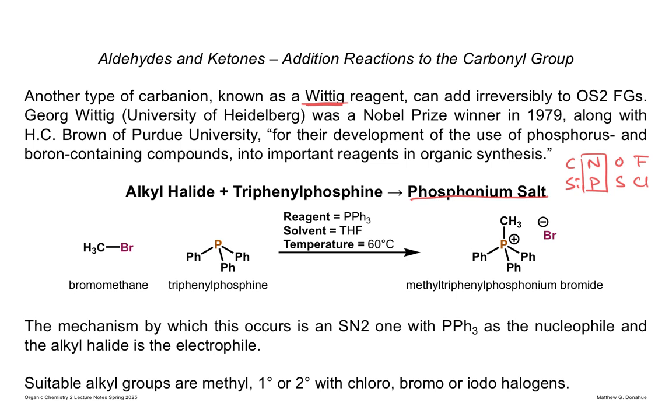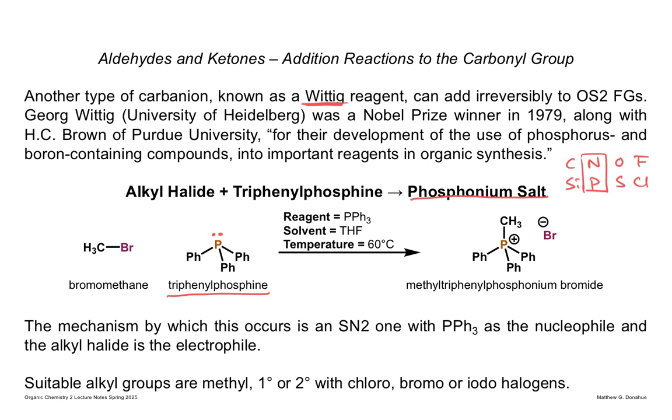So we've seen that when nitrogen has 4 substituents, it becomes positively charged, and it's called ammonium salt. So when phosphorus has 4 things, it's called phosphonium salt. And those are made, the classic Wittig reaction uses this reagent, triphenylphosphine. So it's a phosphorus with 3 benzene rings attached to it.